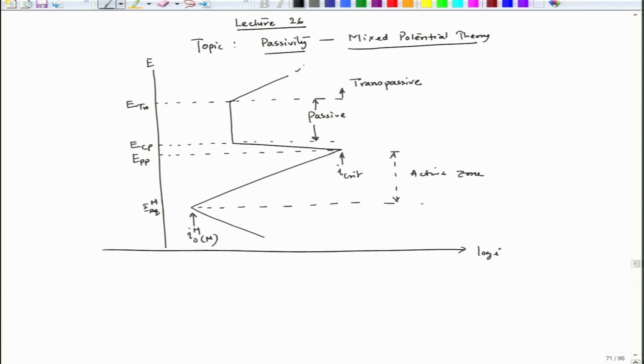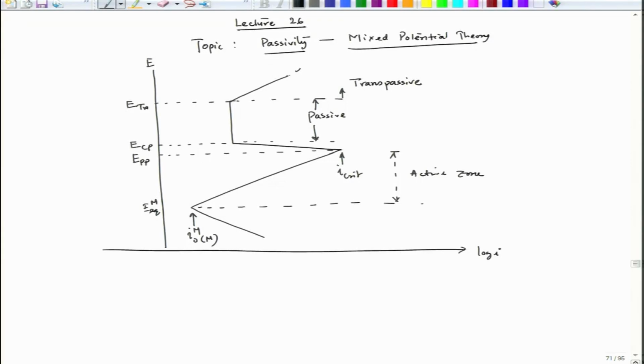This particular thing can also appear even if the metal oxide does not get broken down. There could be an anodic plot like this, an increase in current density, that could appear due to oxygen evolution, but we are not talking about oxygen evolution anymore, assuming that this polarization line is not crossing the oxygen evolution line.